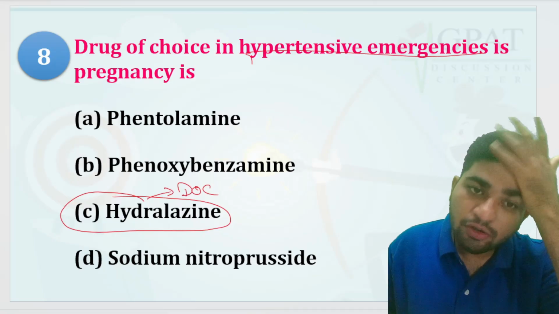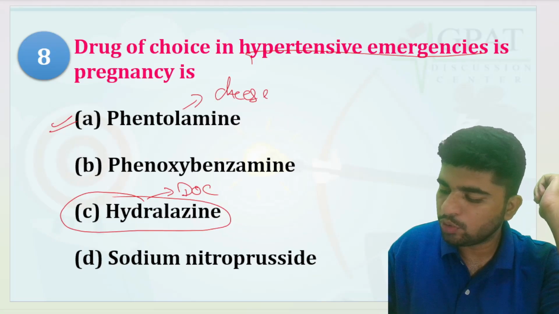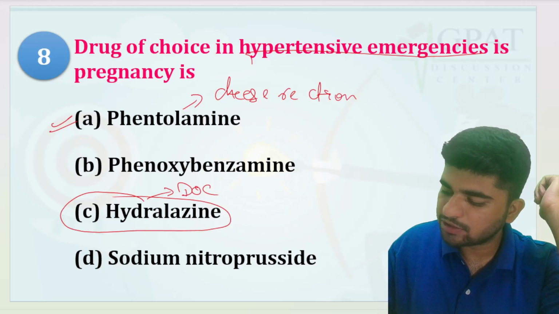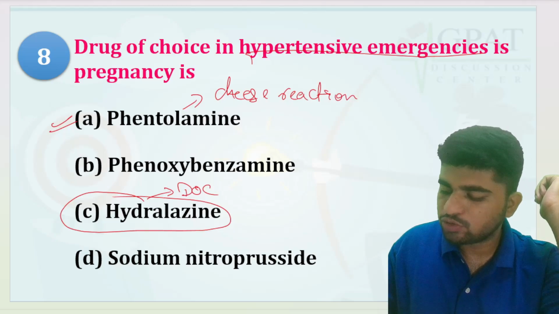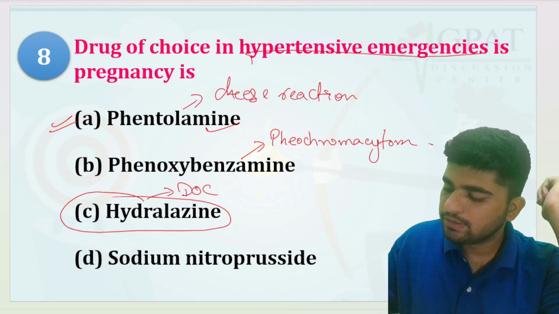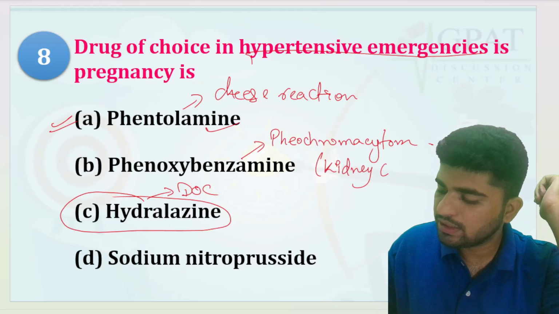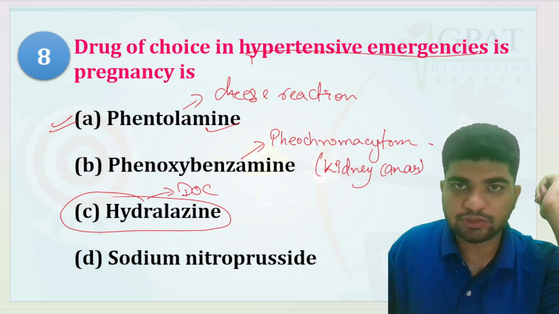What kind of adverse effect does phentolamine cause? That is cheese reaction. Write in your notes, cheese reaction takes place through phentolamine. Phenoxybenzamine is generally used for pheochromocytoma, which is an adrenal gland cancer to be precise.